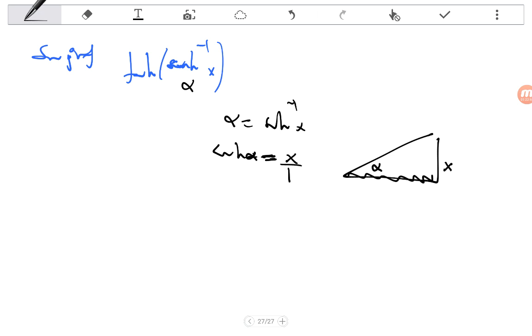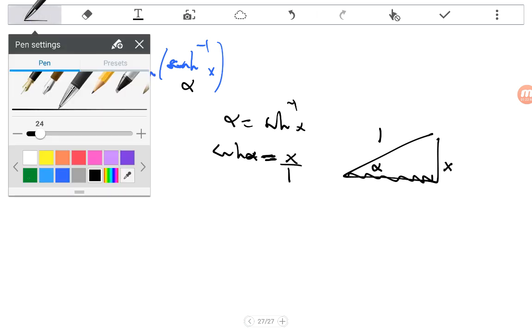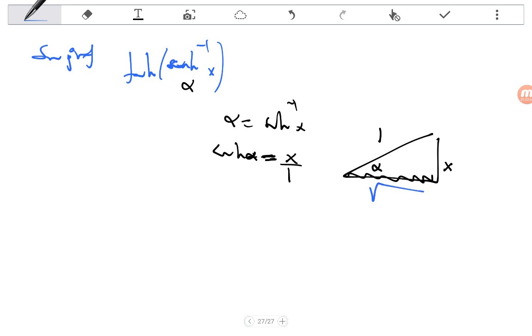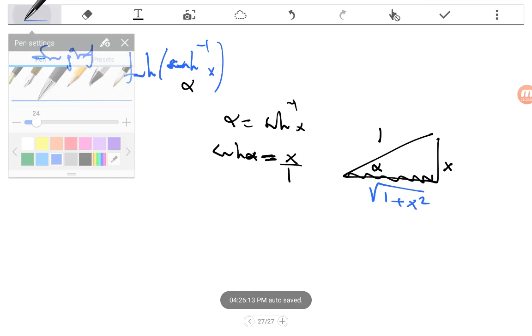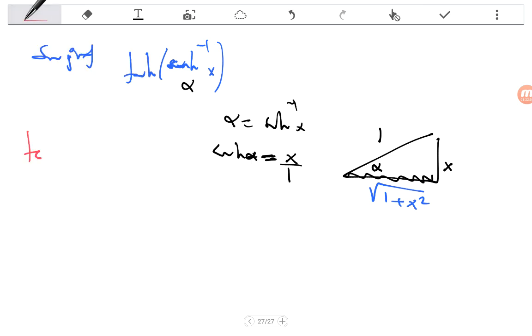This is x over 1. So I complete the triangle, it will be root of 1 plus x squared. So if I need tanh alpha, it will be x over root 1 plus x squared.